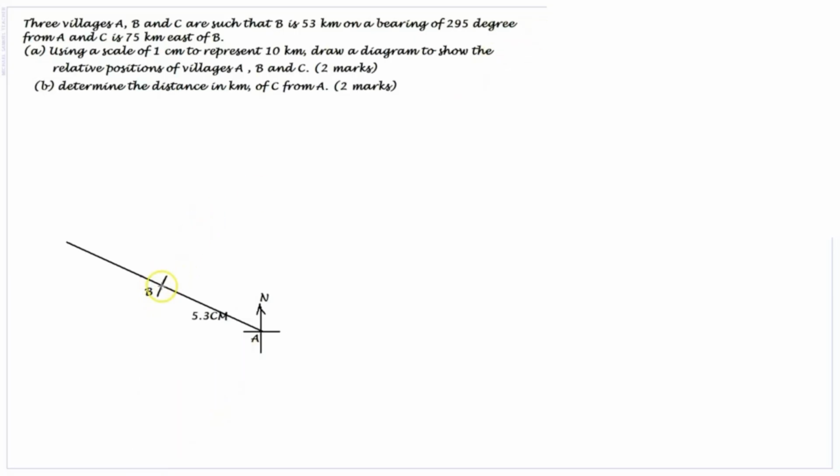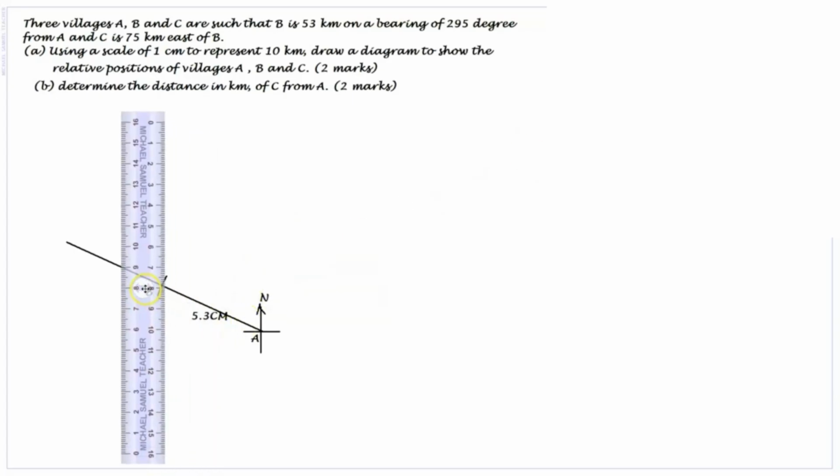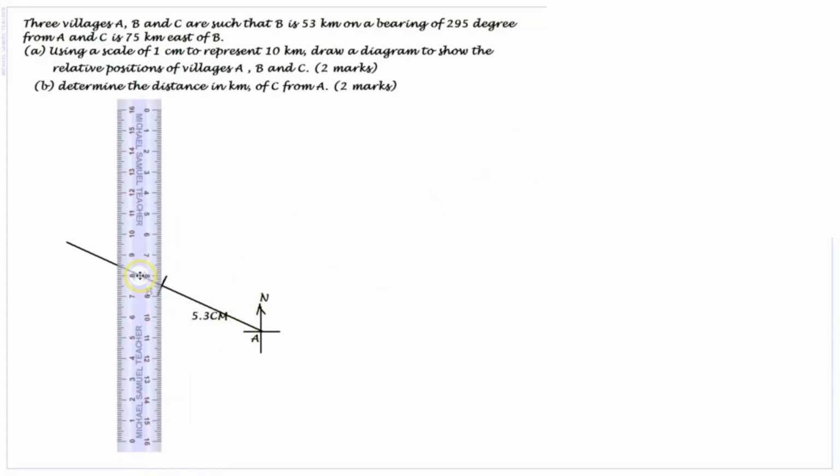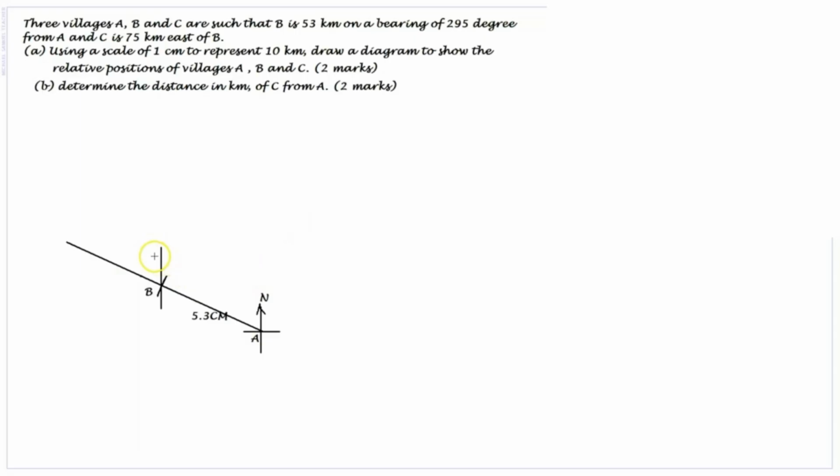Again, from here we draw the true north. Then C is 75 kilometers east of B, so east of B from this point.